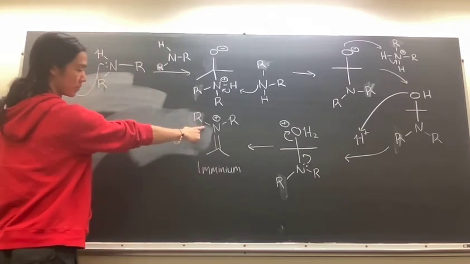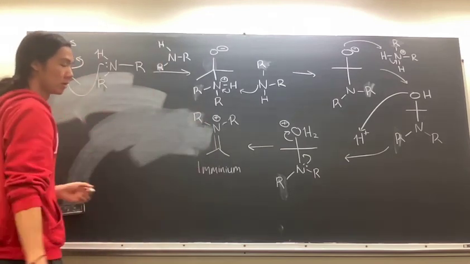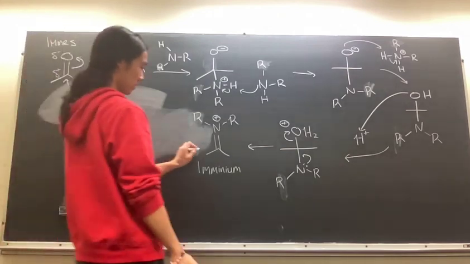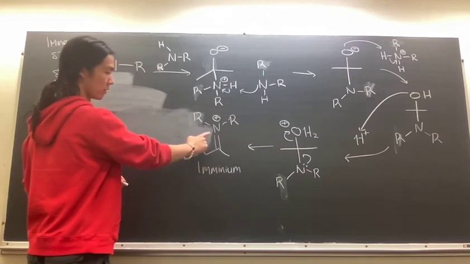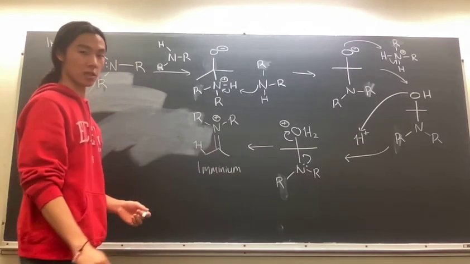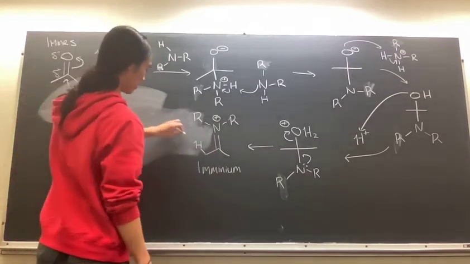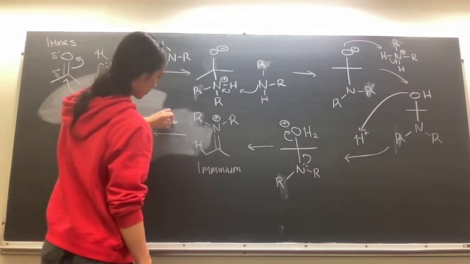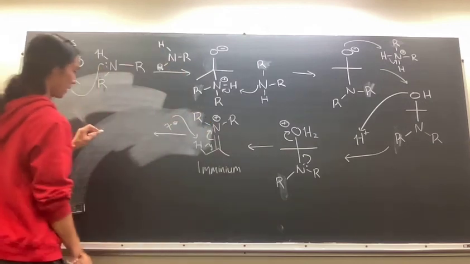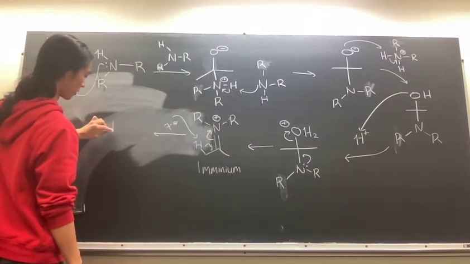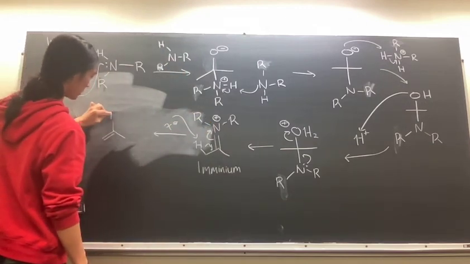So if we can't remove a proton from here, we need to find a way to still stabilize this. And lucky for us, we have an alpha carbon, which is one away from this double bond. And what we can do is use our conjugate base to deprotonate that. And it will kick up, and then we can form our enamine.